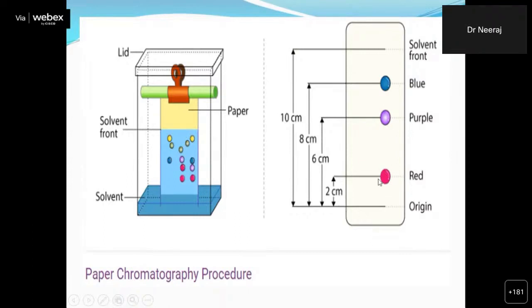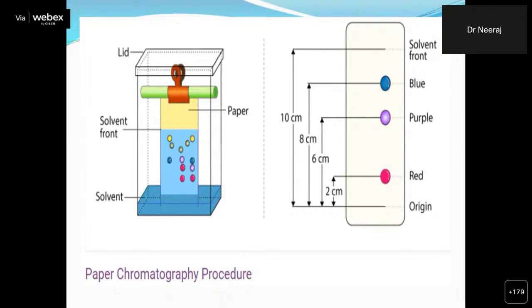The red amino acid only reaches 2 centimeter, then 6 centimeter, then 8 centimeter, and the solvent reaches a total of 10 centimeter, starting from the origin.